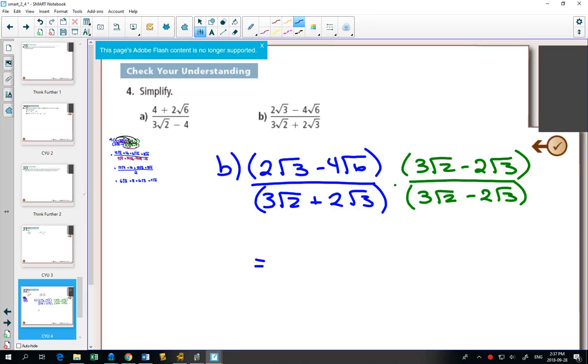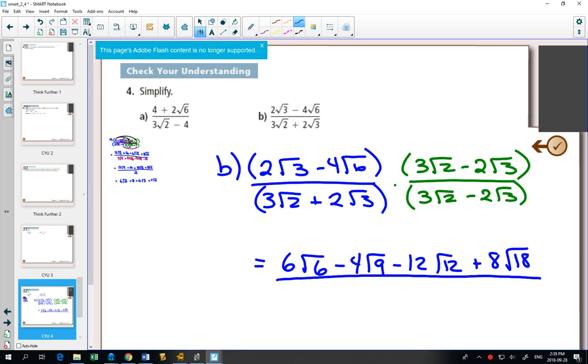Okay, you guys have a 15-second head start to multiply the top out, and 15 seconds to multiply the bottom. Multiplying out the top, you should have got 6 root 6 minus 4 root 9, and then minus 12 root 12 plus 8 root 18.